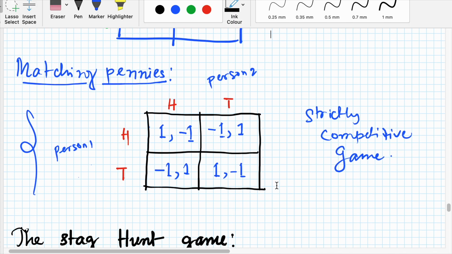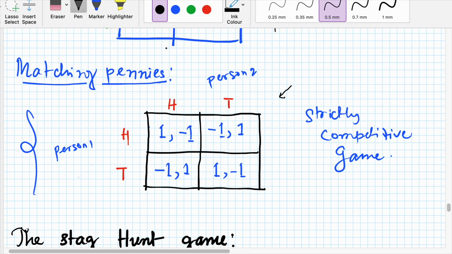However, next we presented a strictly competitive game where cooperation is not possible between two individuals. It is basically called a strictly competitive game.